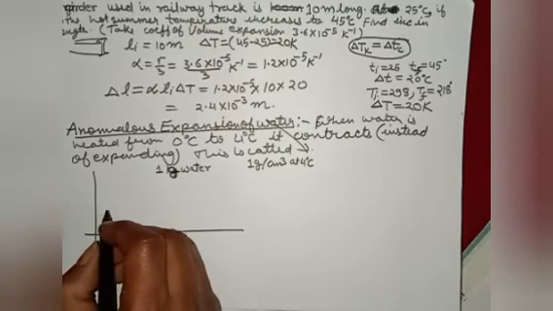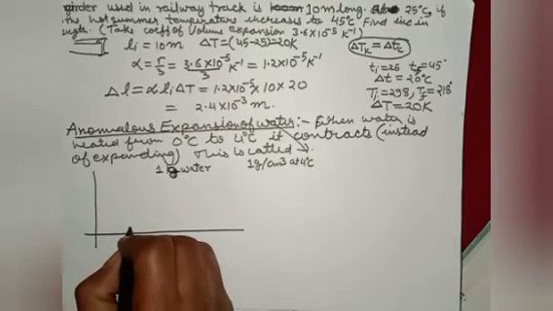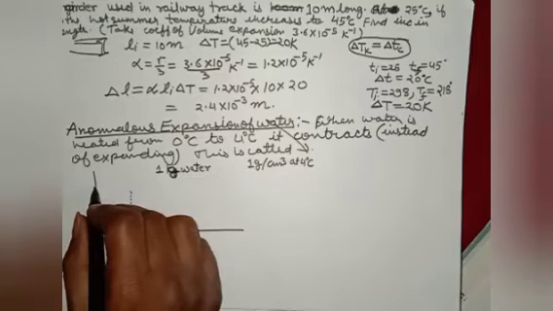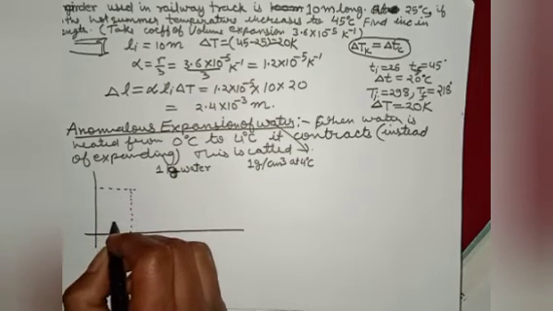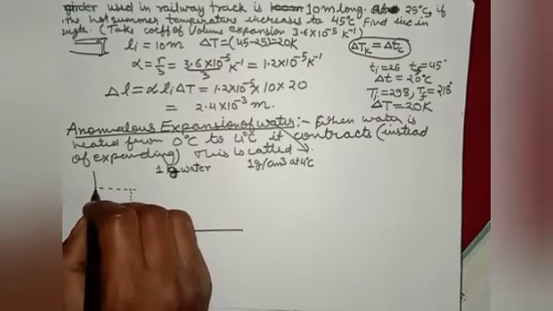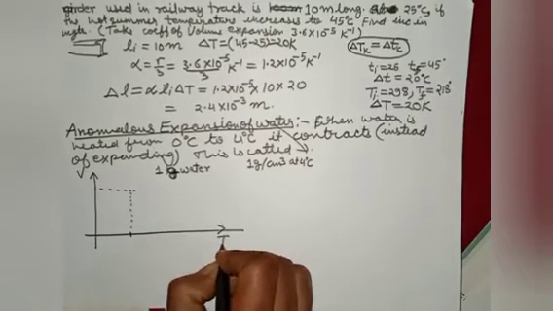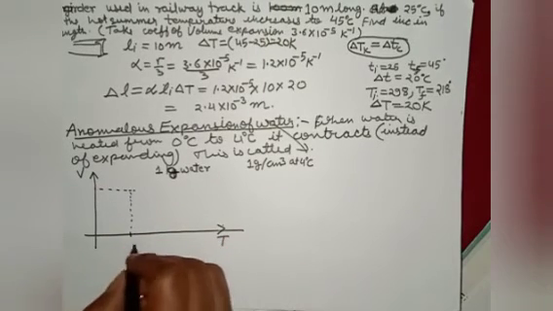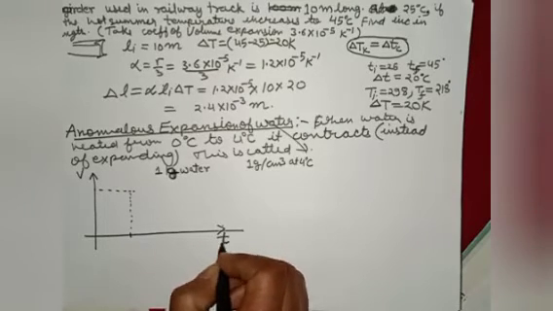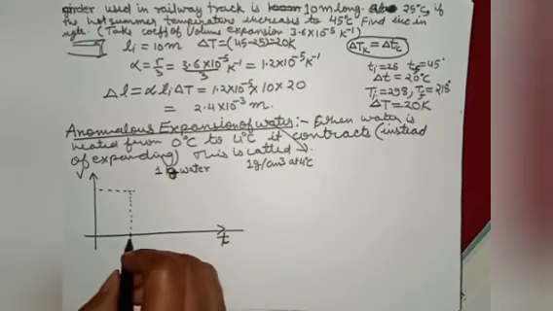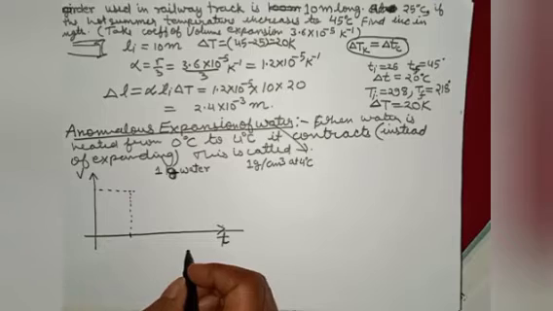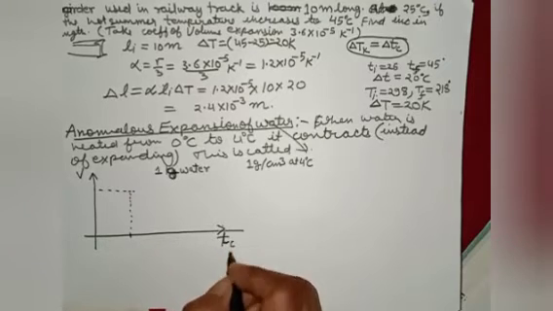So what happens actually at 4 degrees Celsius, we will find its volume, this side volume and this side temperature. At 4 degrees Celsius, right now I'm writing it with small t because I'm using it in Celsius, and I will put a subscript C also here.